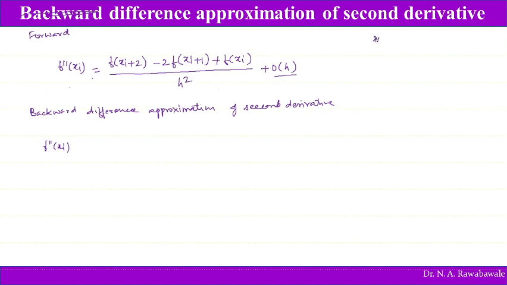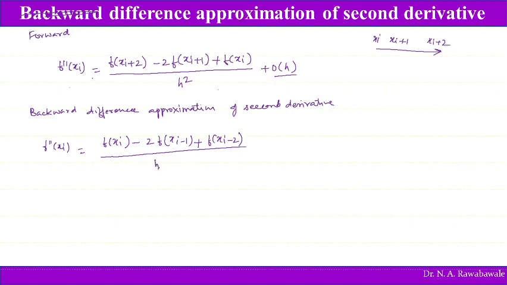So it starts at xi, then xi plus 1 and xi plus 2. So this is called a forward difference. Now the backward difference formula we write here: f double dash of xi is f of xi minus 2 f of xi minus 1 plus f of xi minus 2, whole divided by h square, plus O(h). So this is the backward difference approximation of second derivative.